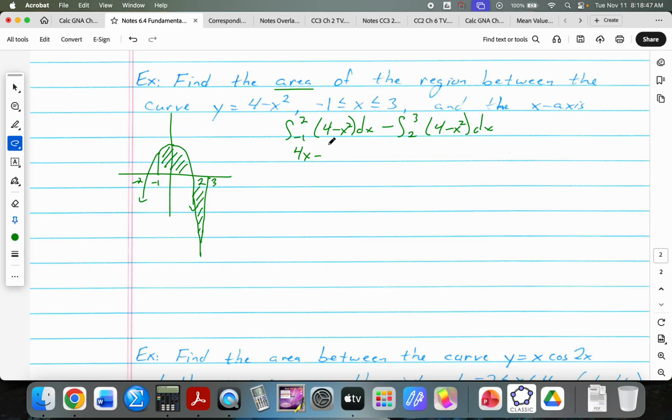Yeah. We want 1/3 x cubed. From negative 1 to 2. You can also write it with square brackets like this. It means the same thing. Minus, it's the same antiderivative here, 4x minus 1/3 x cubed from 2 to 3.